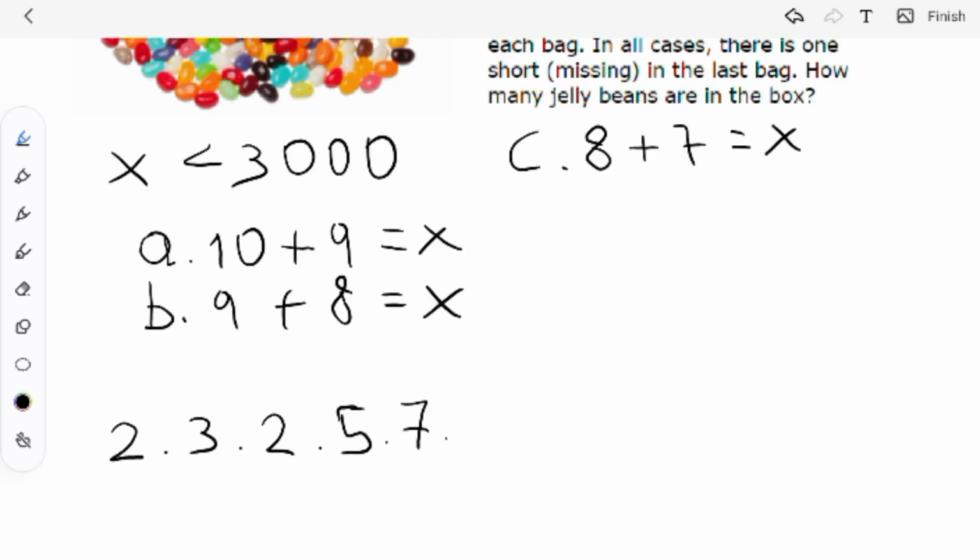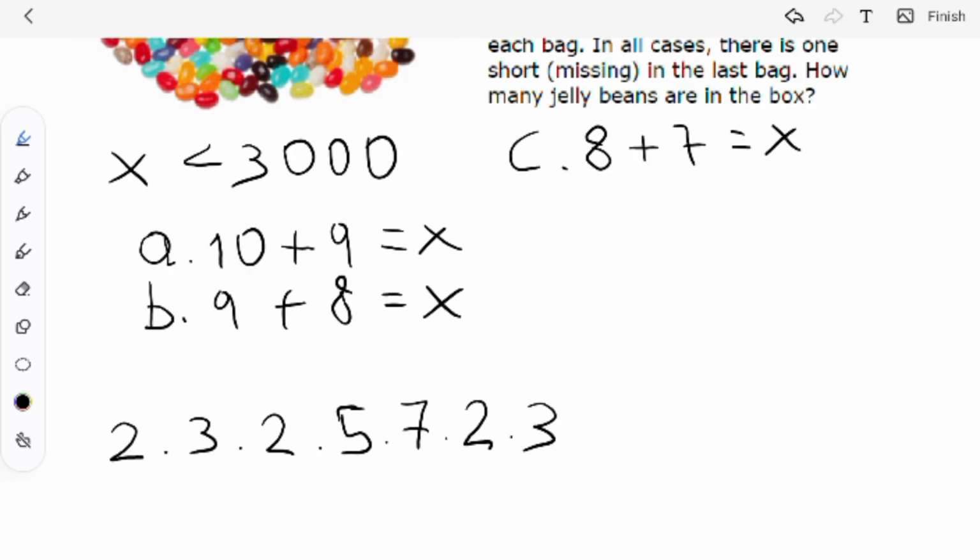And then it should be a multiple of 8, which means it should be a multiple of 2 times 2 times 2. As we can see, we've got 2 times 2, so we have to multiply by 2 again. So now we have 2 to the third power, which means it's a multiple of 8. It's also not a multiple of 9. 9 is 3 times 3, so we have to multiply by 3.